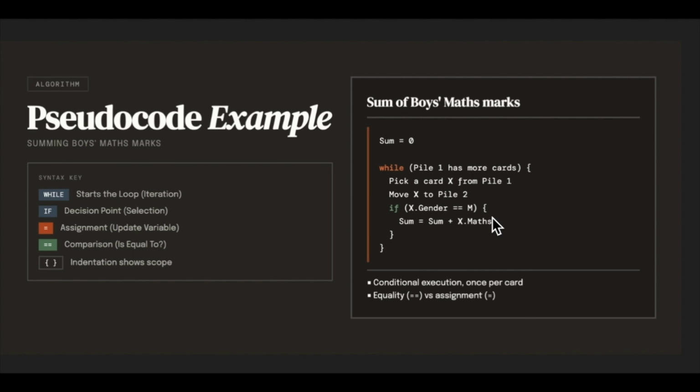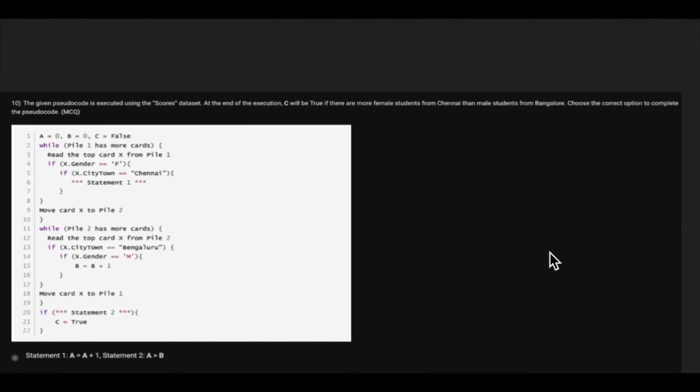So what's happening here means we go through every card and for each card we check, is this person male? If yes, we add their maths marks to the sum, and if no, we just skip them and move on. At the end, sum holds the total maths marks for all the boys. That's it. Simple.